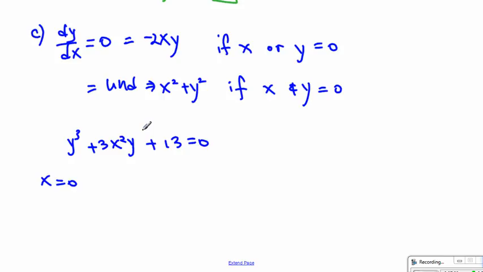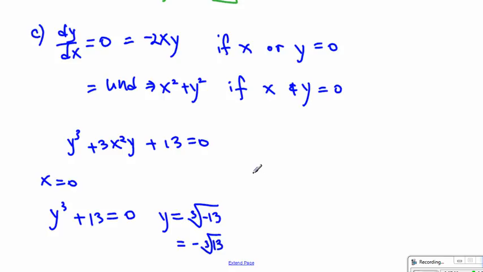So therefore, we're going to have y cubed plus 13 is equal to 0. There we realize that y must be equal to the cube root of negative 13. In other words, simply negative cube root of 13.